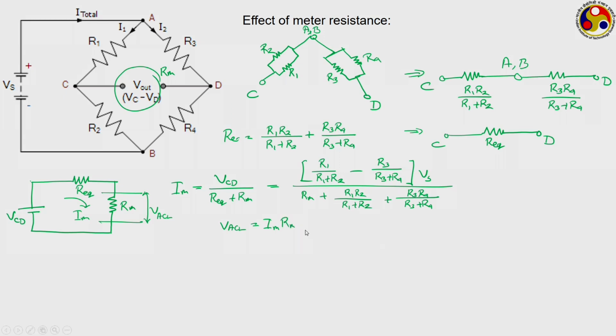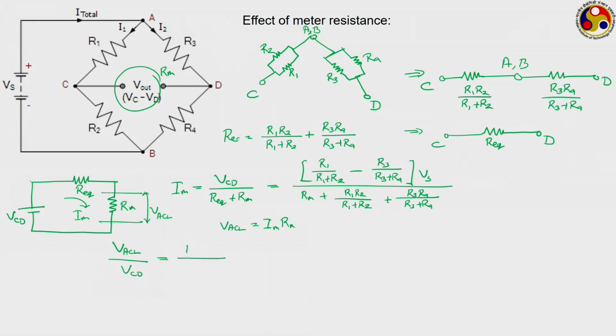Whatever expression you have, you can convert to a much simpler form by some manipulation. But generally, we are more interested in the relation between the actually measured voltage, because of the presence of the meter resistance, and the true one, VCD, which we are trying to measure. So, if we take VACL by VCD, then what do we have?